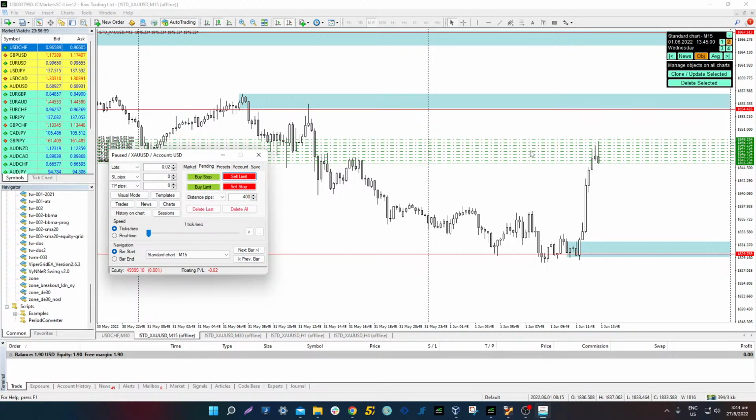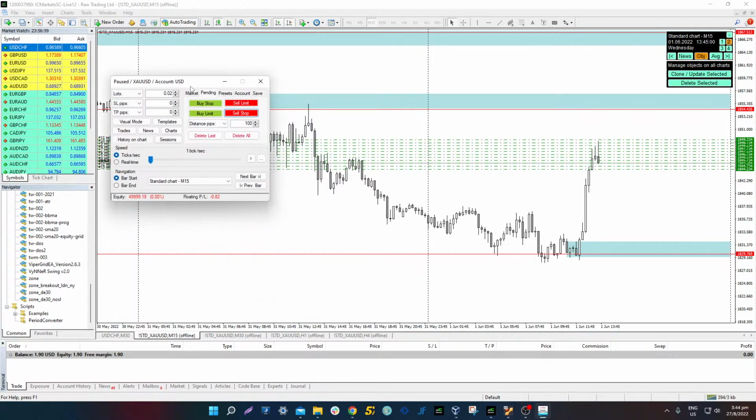So here is our sell limit, and we have sell stop 50 pips, sell stop 100 pips, sell stop. Okay, so we are expecting price to make a reversal and go down.